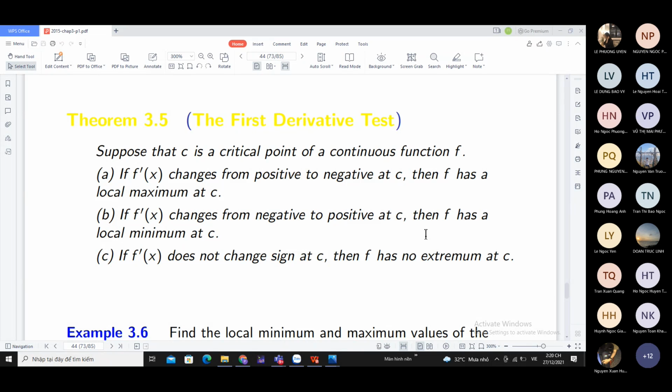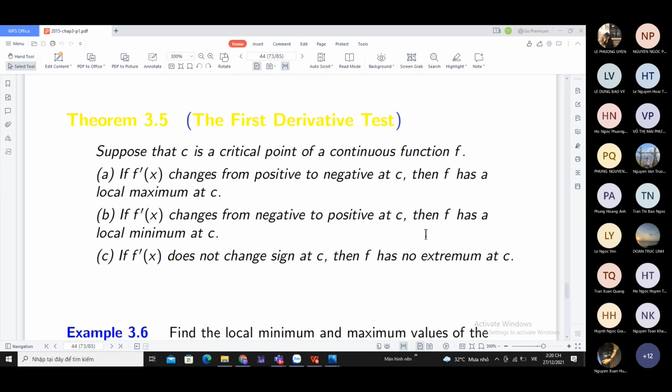Okay. So this theorem is very familiar to you. It's called the first derivative test. Suppose that C is a critical point of a continuous function f.